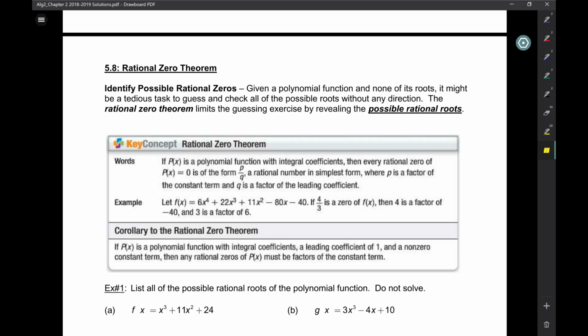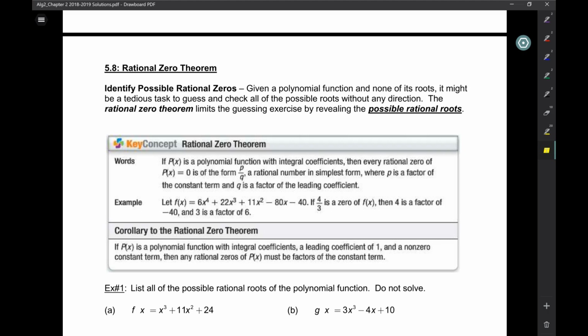Well, one way is, how many numbers are there in the universe? Infinite. So one thing you can do is take every single number in the universe, plug it into the function, and see if it gives you 0 in the end. That's just silly, we're not going to do that.